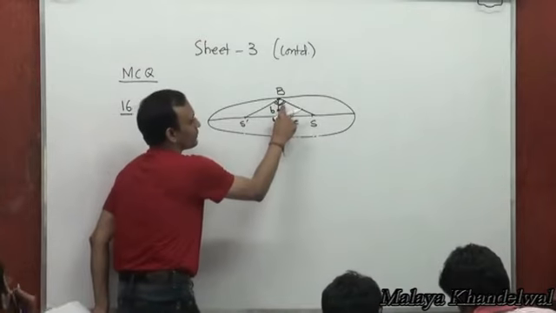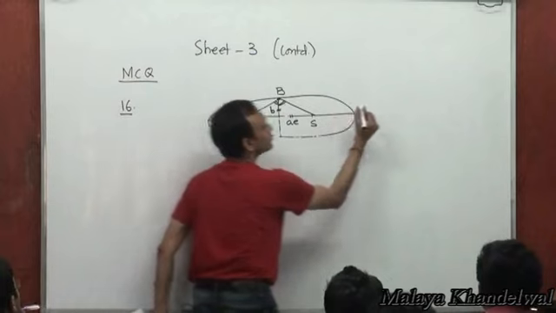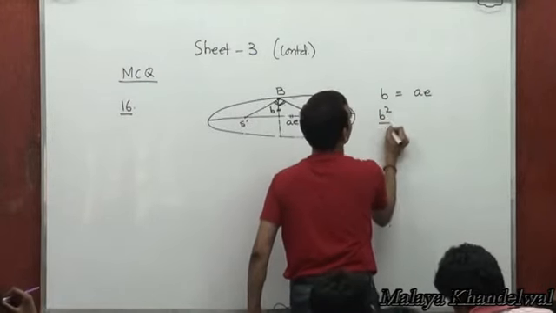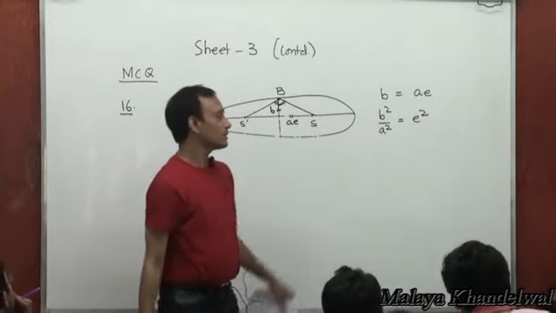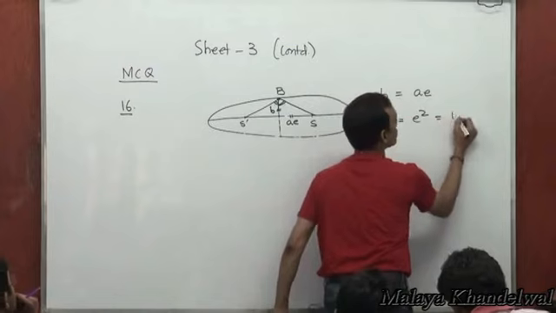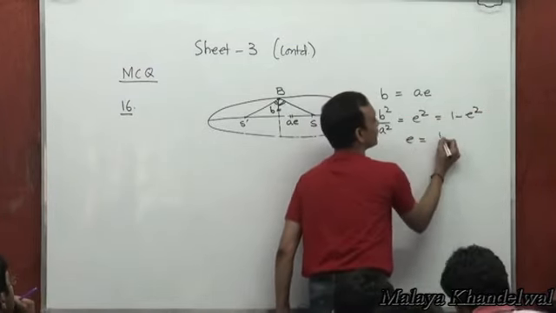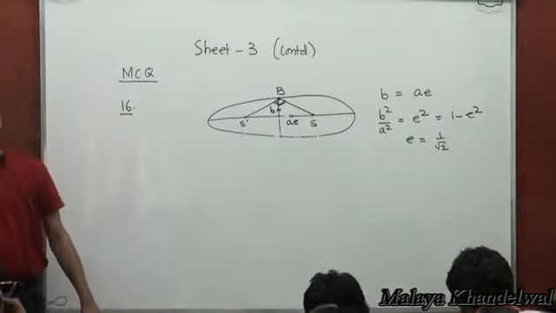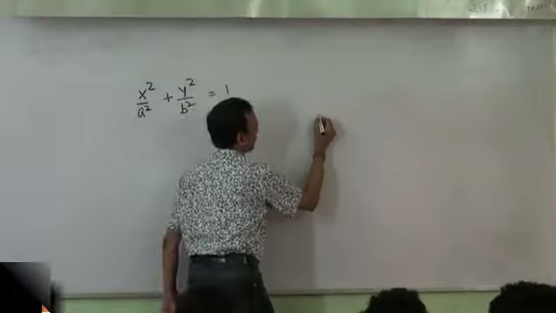And if this is 45 degrees, realize that AE will be equal to B. So b squared by a squared is e squared, but b squared by a squared is also 1 minus e squared. So that gives me e equal to 1 by root 2, the eccentricity. And I'm hoping you got it right on your own as well, right?